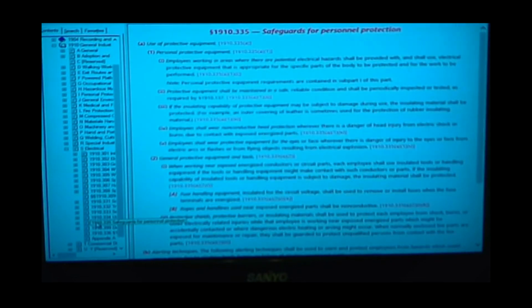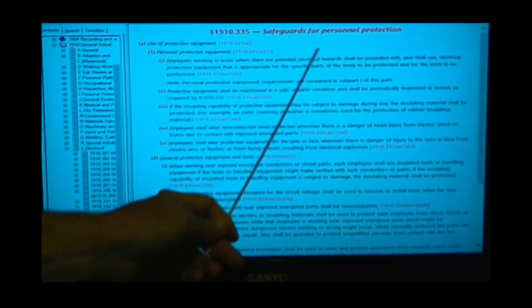335 right there, this opens a can of worms. Use of protective equipment. Personal protective equipment. Employees working in areas where there are potential electrical hazards shall be provided with and shall use electrical protective equipment that is appropriate for the specific parts of the body protected and for the work to be done.